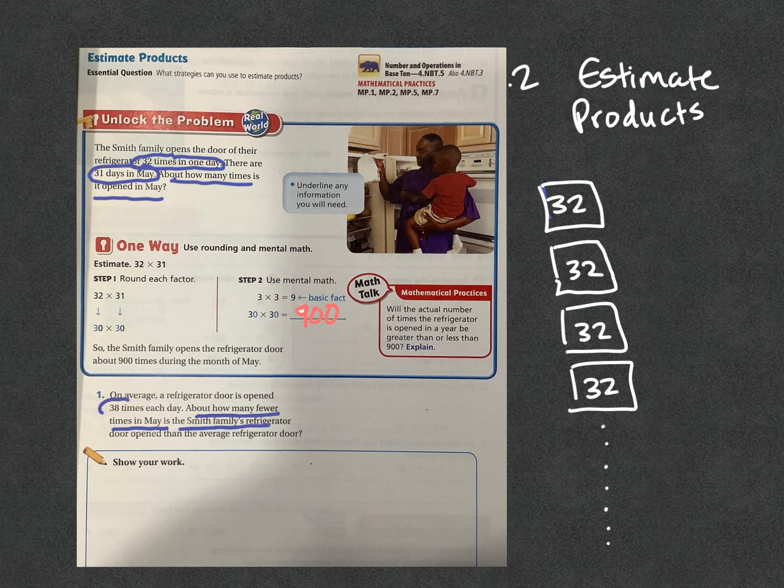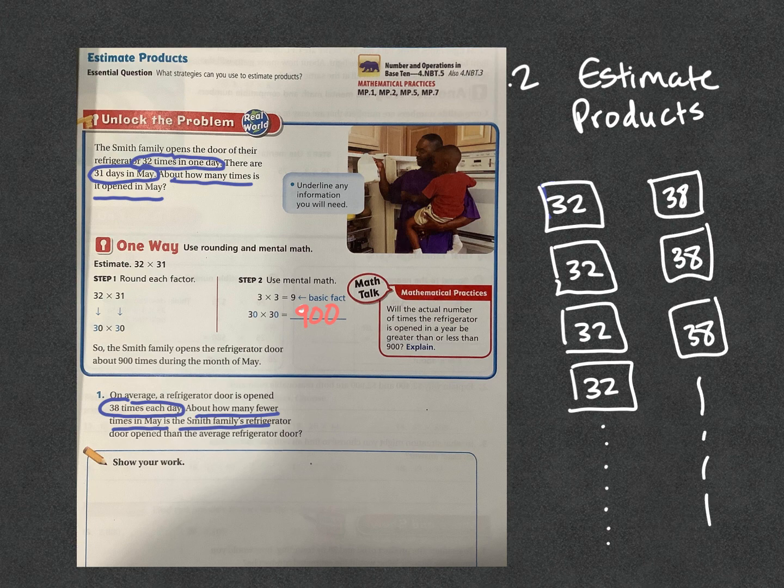Because most families open them 38 times each day. And remember, the Smith family only opened it 32 times a day. So we have it looking like this, 38 every day, and on and on until the end of May, which has 31 days.